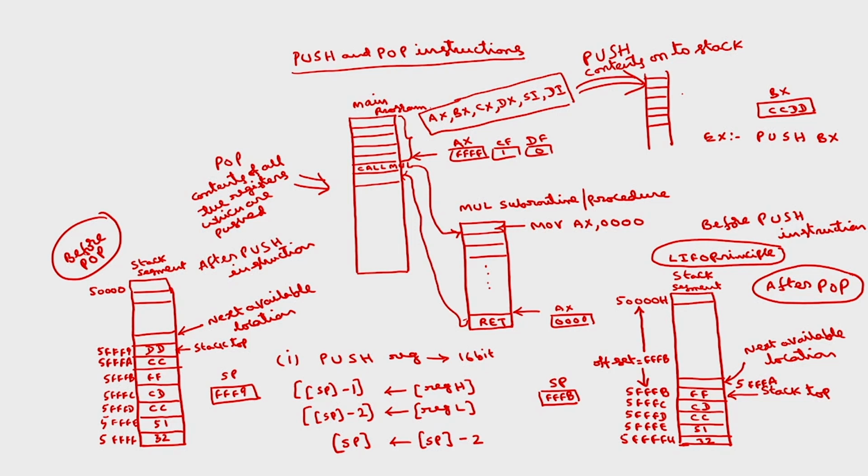Whereas here, if I use some other arithmetic logical operations, this carry flag status may change. At the end of this, the carry flag status may be changed to 0, direction flag may be changed to 1. So if I return back here, what happens? This old contents will be lost and new contents will be present in the various flags. That is why, before you go for the subroutine, you have to save the contents of all the flag registers through this instruction, push F.